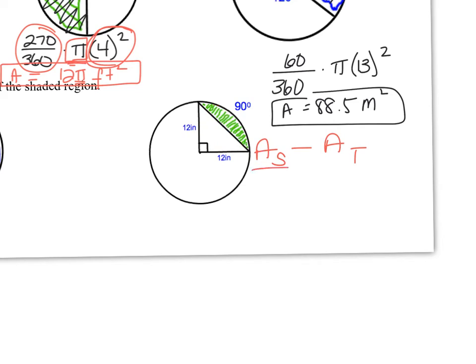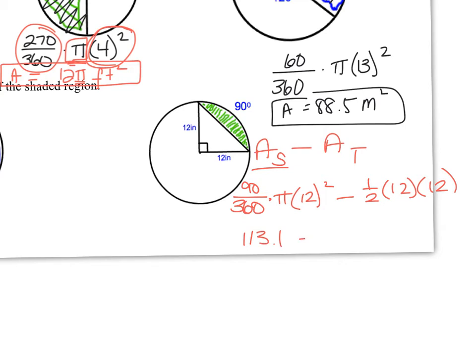So how I find the area of a sector is it's my arc measure, which is 90, divided by 360, times pi, my radius is 12 squared. Minus my area of a triangle is 1/2, my base is 12, my height is 12. So 90 divided by 360 times 144 pi, I get 113.1 minus 12 times 12 is 144.